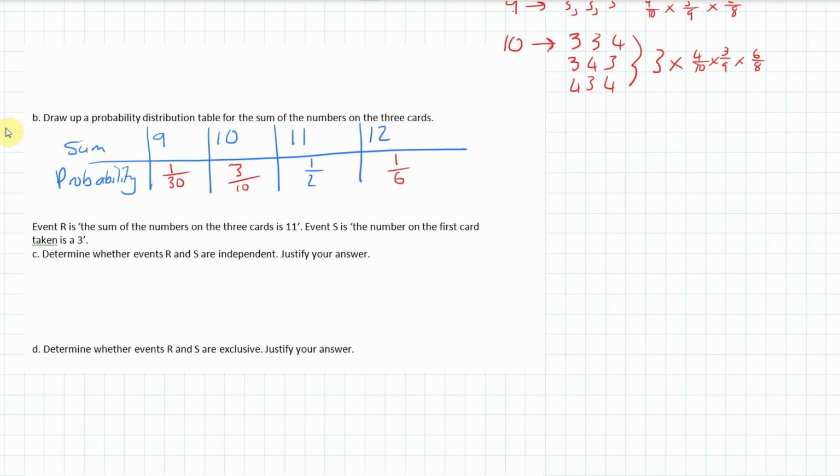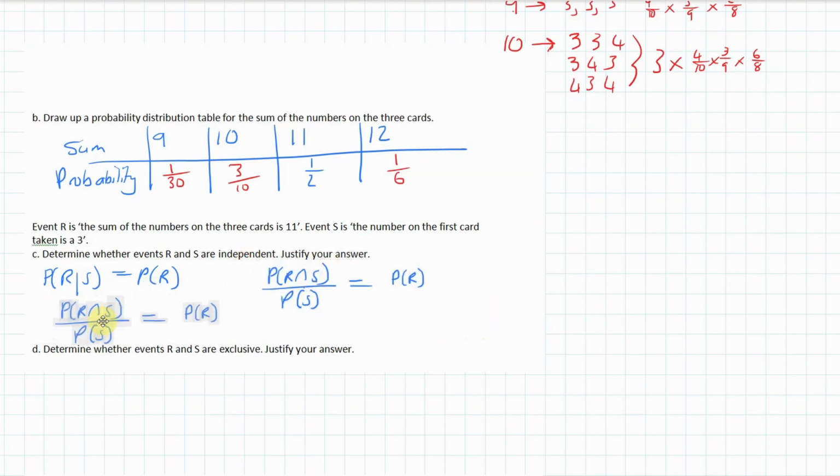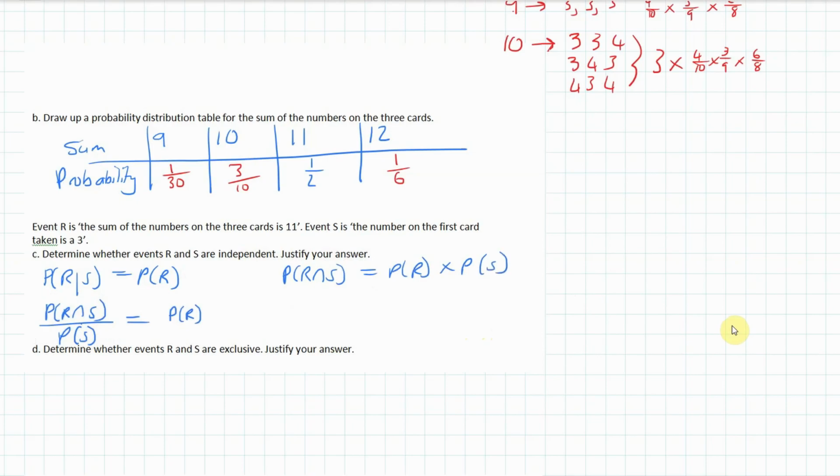If they're independent, the probability of R given S is equal to the probability of R. We can write that out in full: the probability of R intersection S over the probability of S ought to be equal to the probability of R. Another way of showing that they're independent is that the probability of R intersection S is equal to the probability of R multiplied by the probability of S. So that's our condition.